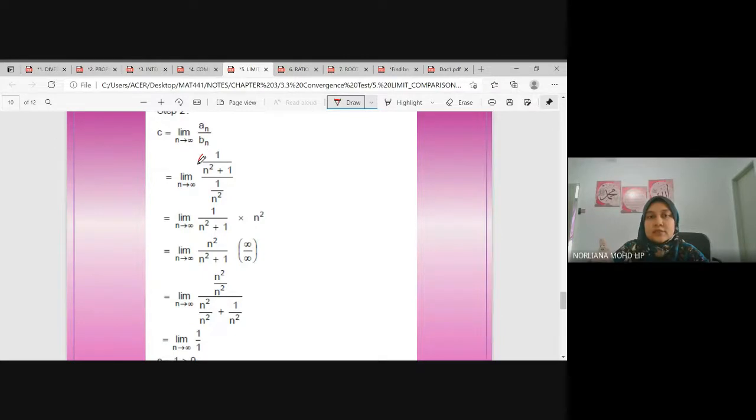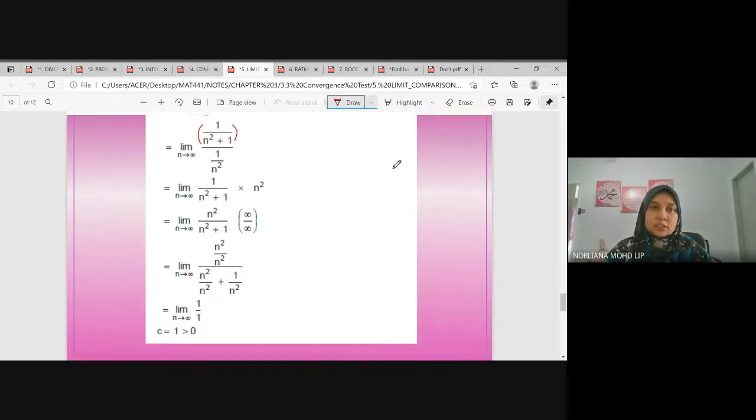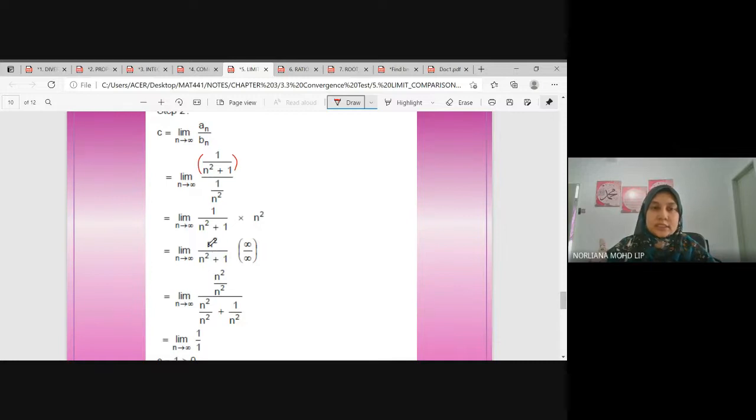Nak kena buat division lah. An over bn. Okay, so untuk ni dapat ni kan. So first substitute n approach infinity, you dapat infinity over infinity. So applykan L'Hopital rule.